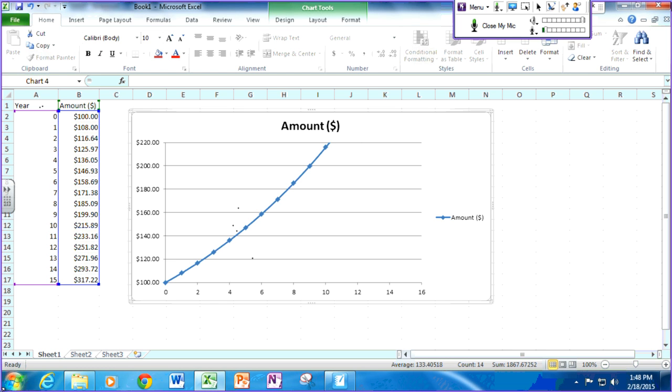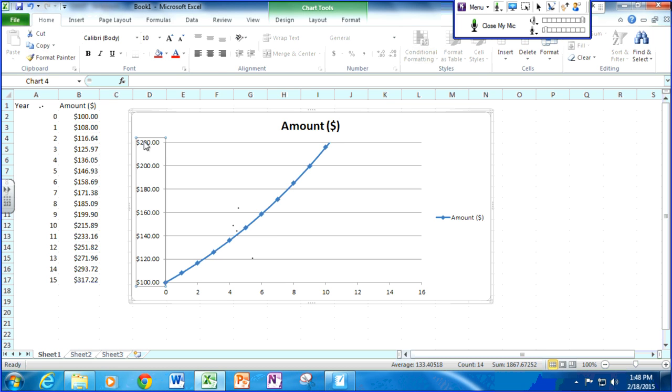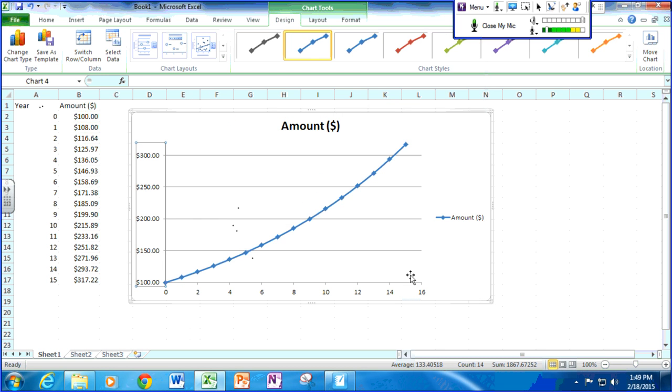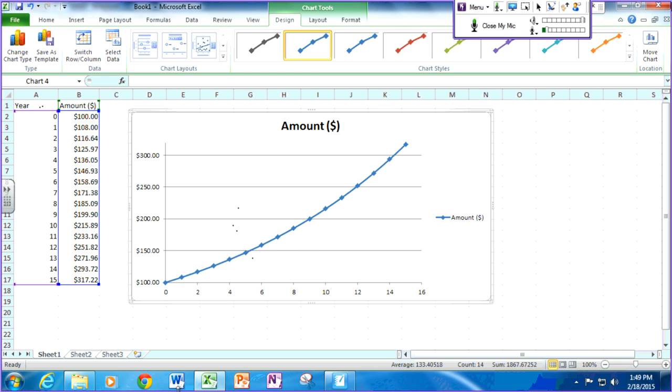One of the issues is that it went above because I changed the maximum, so now I have to change the maximum to say 320. When I changed it to manual, one of the things I gave up was it automatically updating for me.